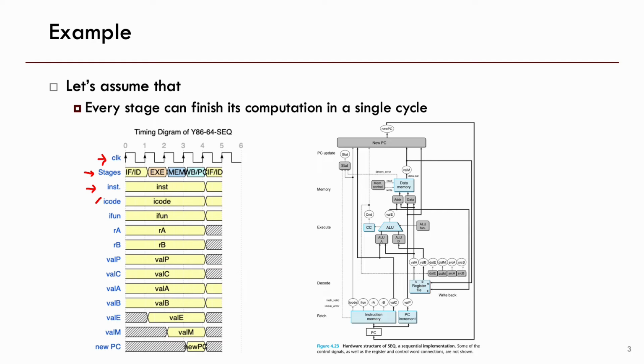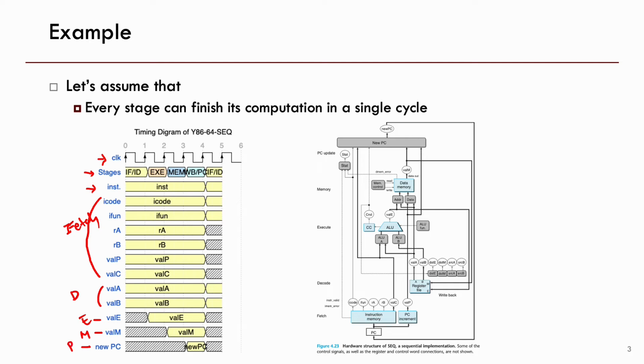And then we have icode, ifun, rA, rB, valP, valC, which are from the instruction fetch stage, and then valA, valB for the decode stage, valE for the execution stage, valM for the memory stage, and new PC for the PC update stage.